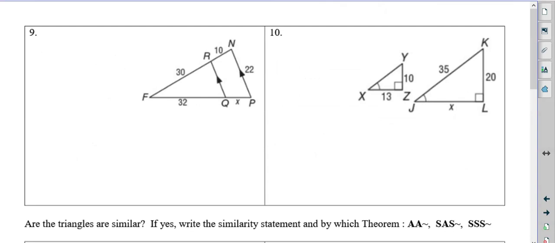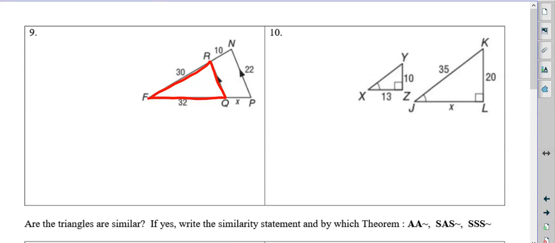Okay, number 9, we're just doing a similar thing here. Now, I like to, on these, bust out the triangles. So this triangle, we're fine on right here.